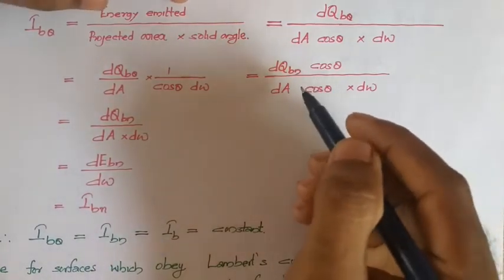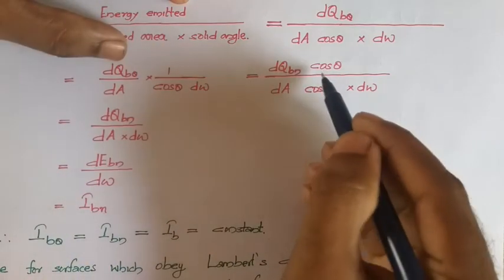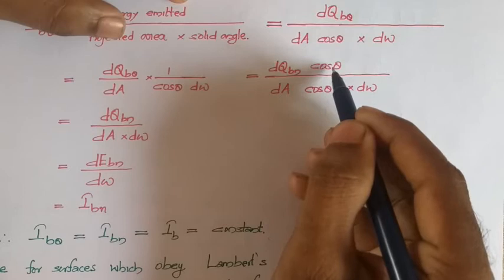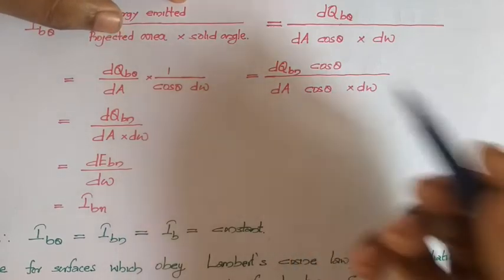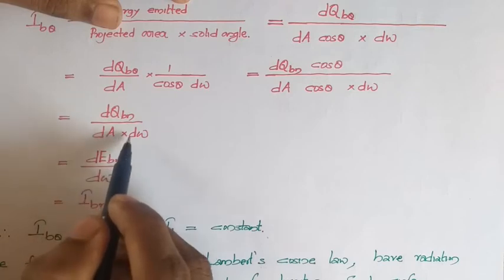Here Lambert's cosine law gives the radiation energy emitted in any direction as proportional to the cosine, so I write dq_b,theta as dq_b,n into cos theta. Here cos theta gets cancelled, and then you have dq_b,n divided by dA into d omega.